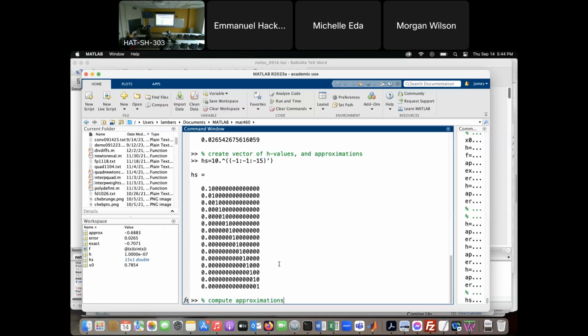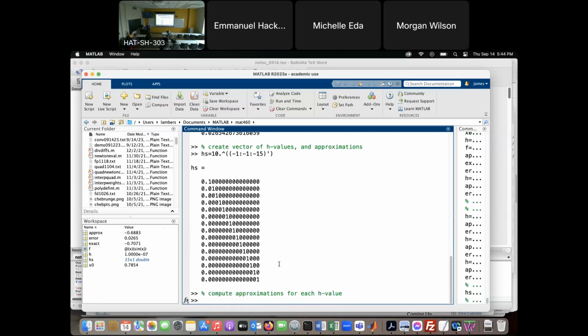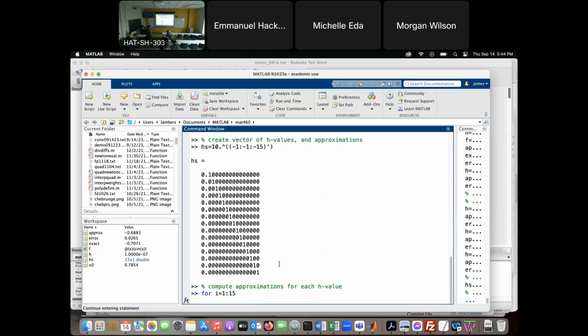I'm going to do approximations for each h value. So I go for i equals 1 to 15, and then I set h equal to my vector, called hs, using the s for plural h's, element i.